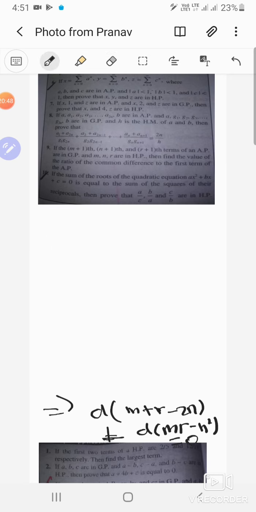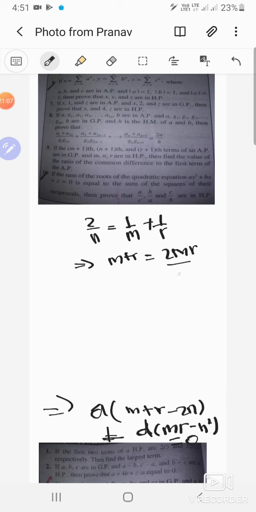Fine. This is a and this is d. Okay, but now we are given that m, n and r are in harmonic progression, which means that 2 upon n is equal to 1 by m plus 1 by r, which means that m plus r is equal to 2mr upon n.